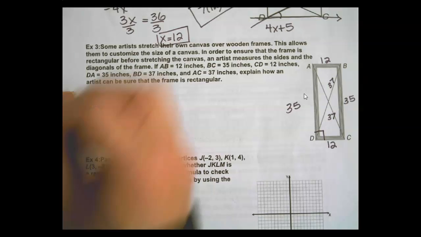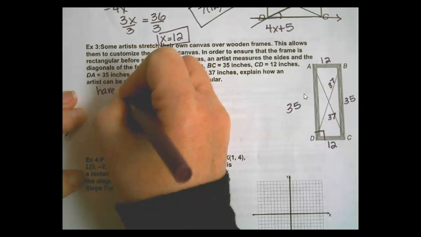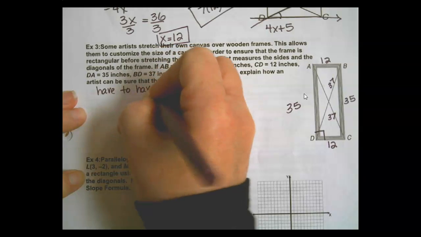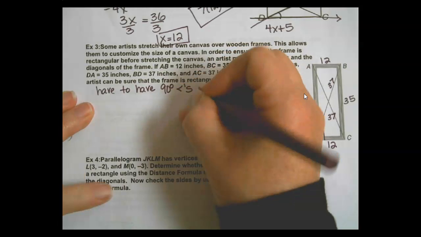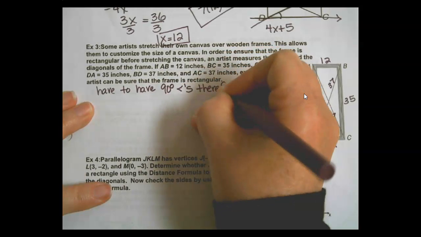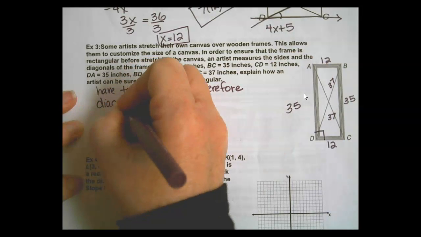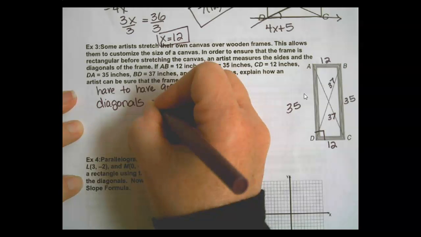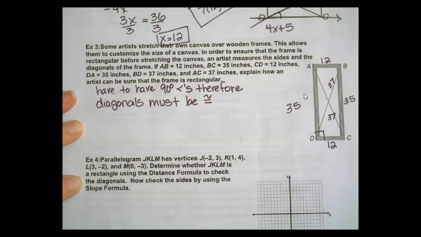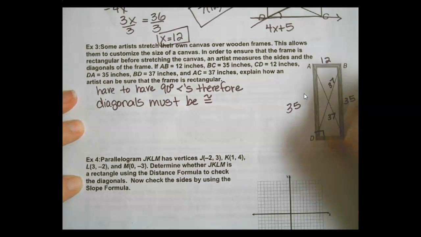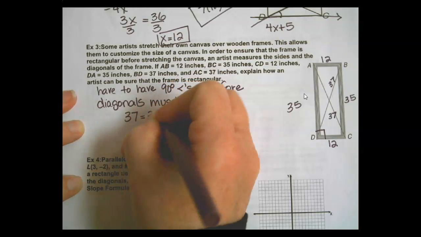So to prove you have right angles, 90-degree angles, your diagonals must be congruent. My diagonals are both 37, so 37 is equal to 37, so we got it.